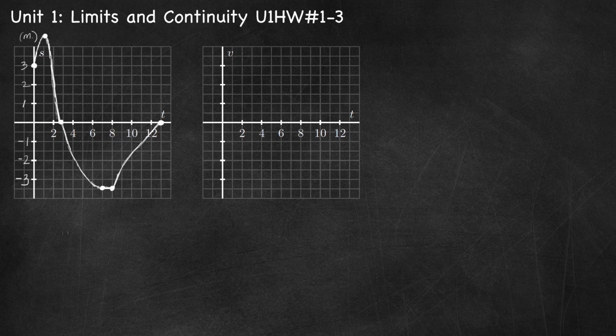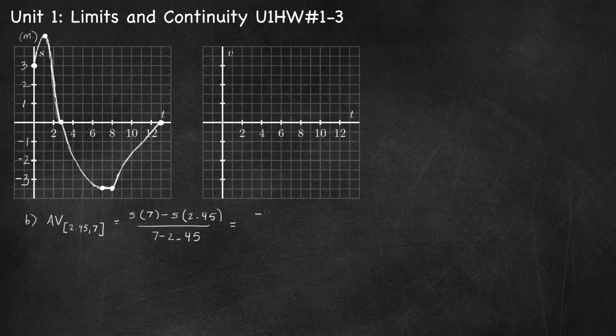Part B asks us, what is the average velocity of the diver between t equals 2.45 and t equals 7? So the average velocity on that time interval, 2.45 to 7, is going to be the change in position, so s of 7 minus s of 2.45 over the change in time, 7 minus 2.45.